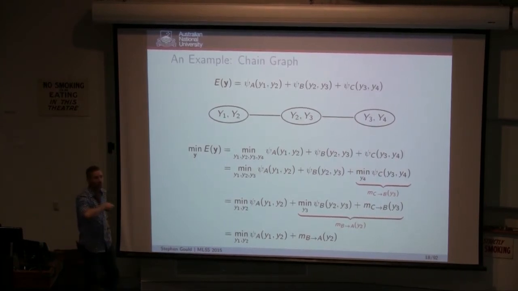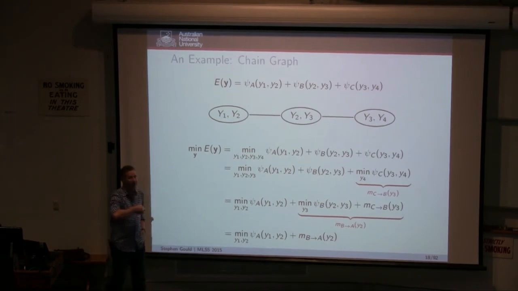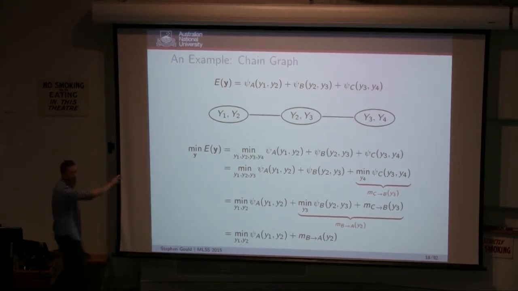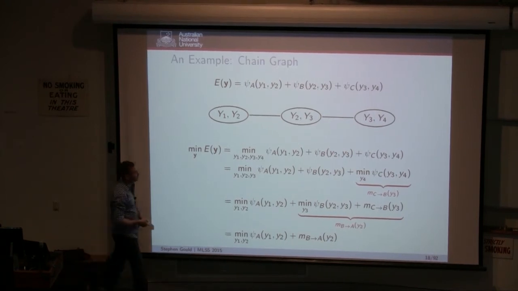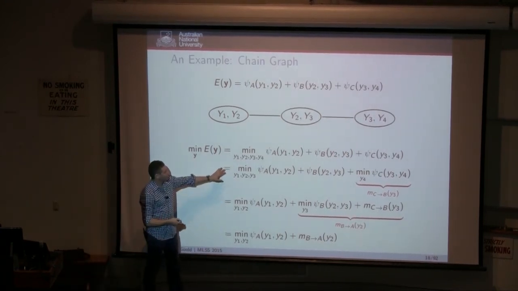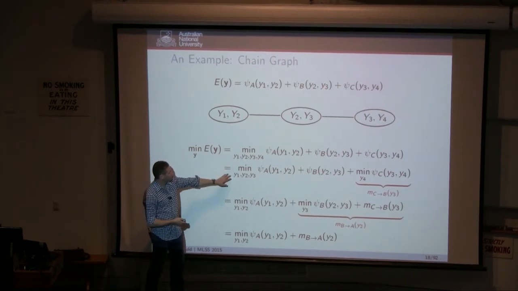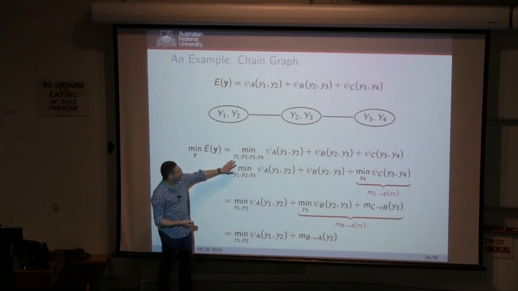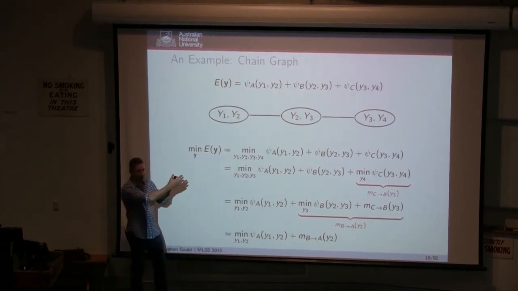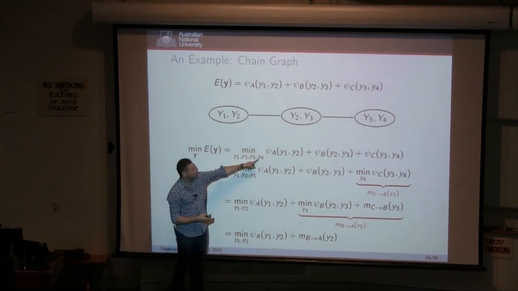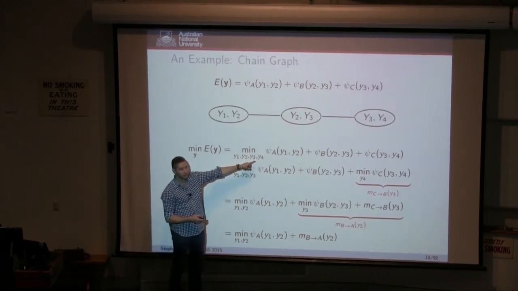Yes. Is that an exact equality, or is it just kind of an approximation? No, that's an exact equality. So if we just look at these first two steps, for every instantiation of Y1, Y2, and Y3, let's say I hold those fixed, I need to minimize over Y4.